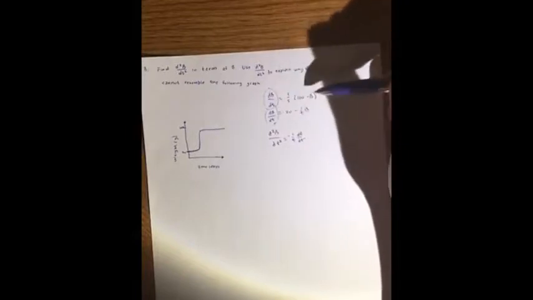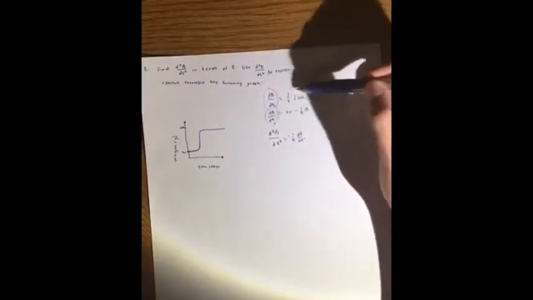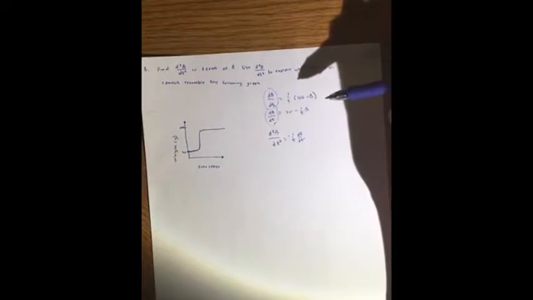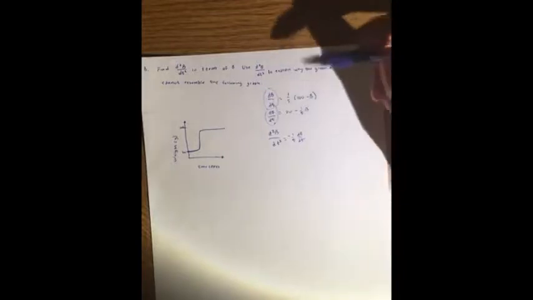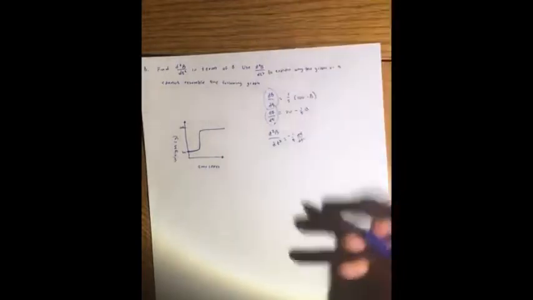We already know what dB/dt is, so we can plug in either expression to find the second derivative. I'm going to use the one on the top.